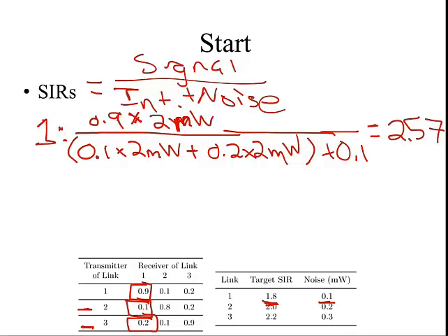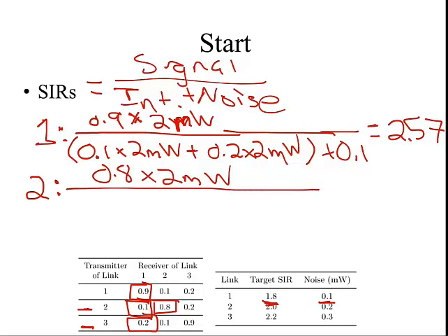And so now similarly we can look at transmitter 2. And for transmitter 2, the direct gain is 0.8. So we take 0.8, multiply that by 2 milliwatts, divided by the interference, which comes from receivers 1 and 3.